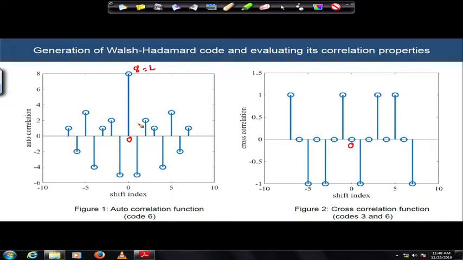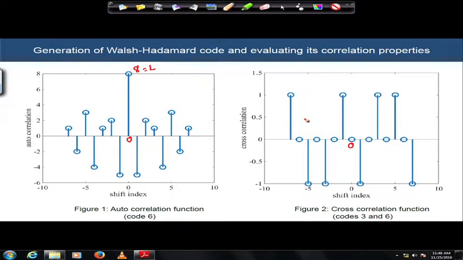I wouldn't say it's extremely good, because generally for synchronization we use PN sequences or Barker codes. But definitely it has fairly good cross correlation properties, which can be used for multi-user spread spectrum communications.